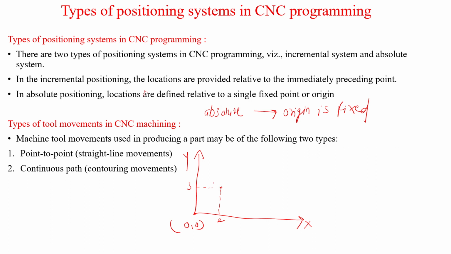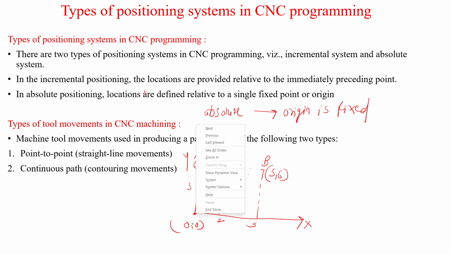Then from A you need to move to point B whose coordinates are 5, 6. So these coordinates you are defining with respect to the initial origin only. You have not changed your origin, right?